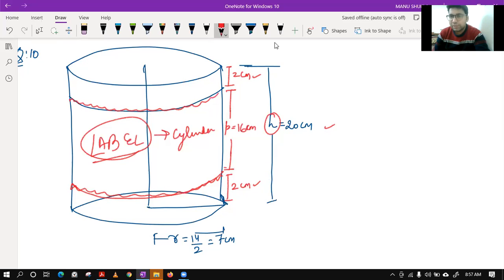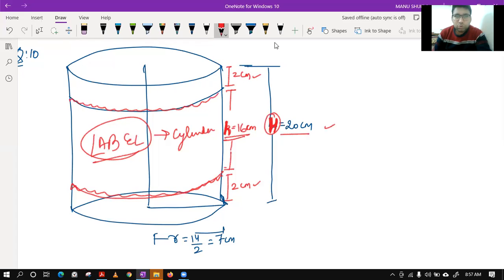I hope you understand why I'm not using h here. To reduce the confusion, you can make the original height capital H, then this will be small h. But you can't take both as small h, that will be wrong. So small h is 16, capital H is 20.